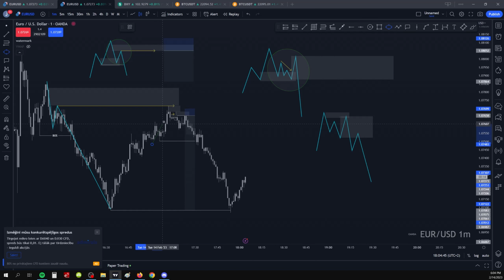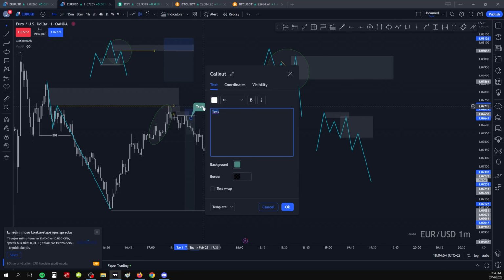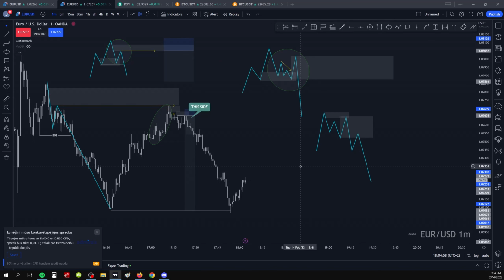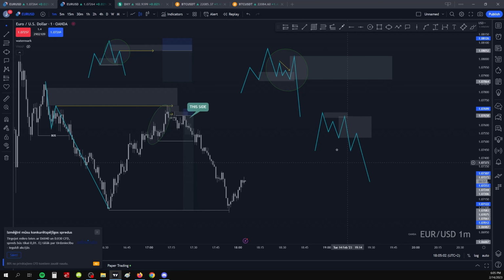I don't look at this side when taking a trade. I only look at this side. And in this side, I look for this. Or in this case, it was this.